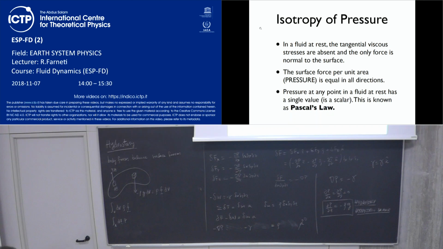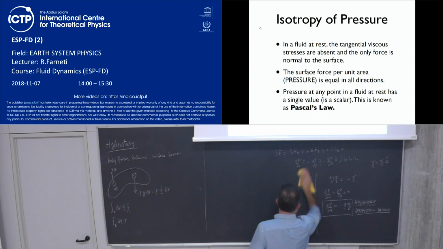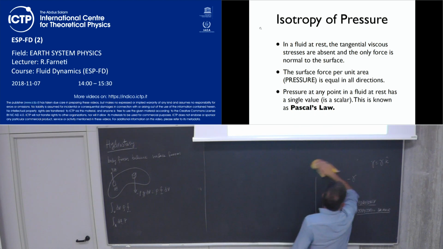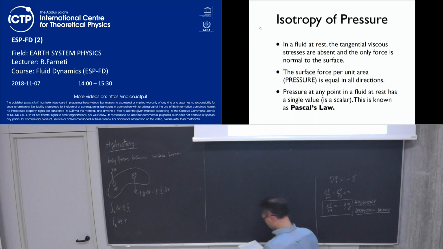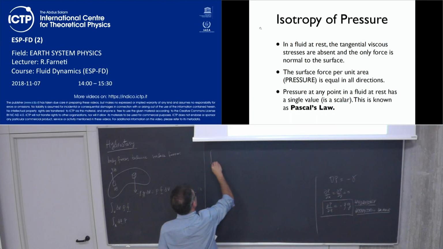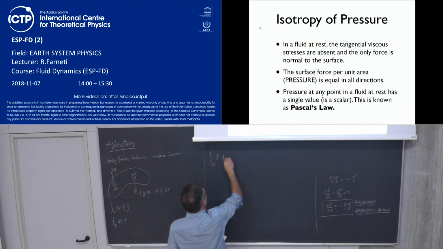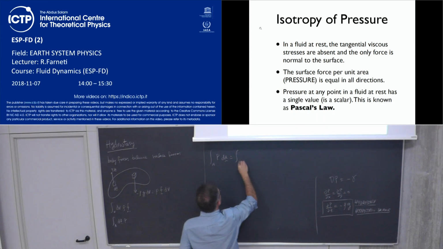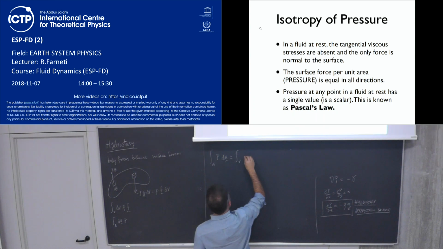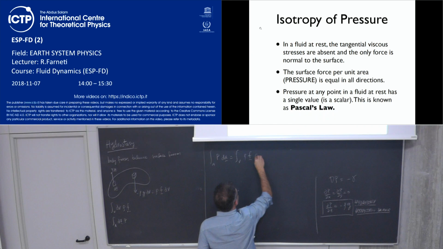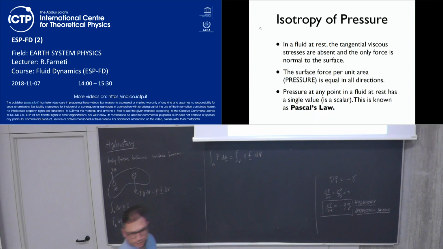Okay, so in static conditions, the two have to balance each other.